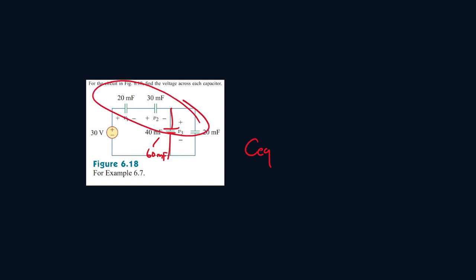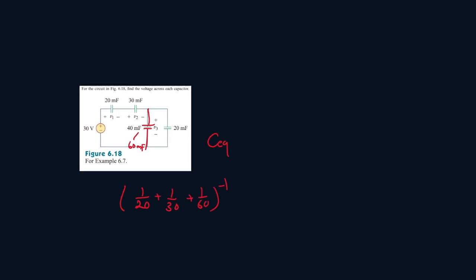Now these three, they're all in series. So to combine them will be 1 over 20 plus 1 over 30 plus 1 over 60, to the power of minus 1. Okay, and this will give you your capacitor equivalent.